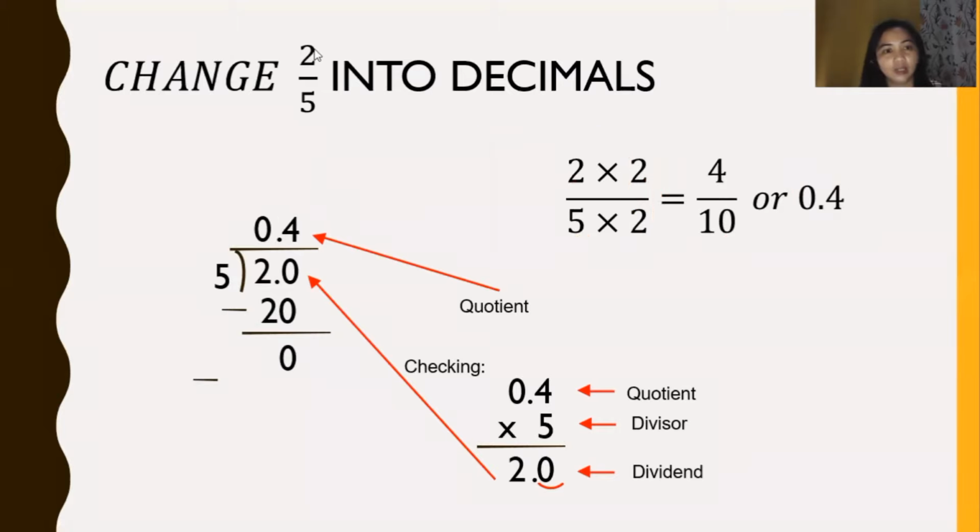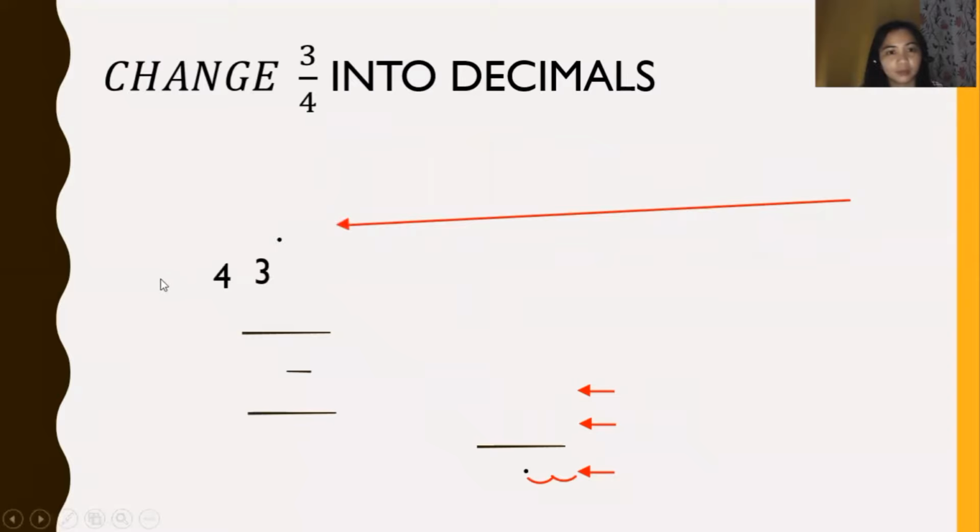Now let's have the next example. We have to change 3/4 into decimal. So we have 3 divided by 4 is 0. Add decimal point and add 0.